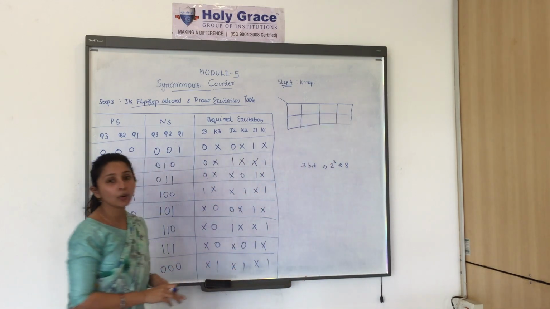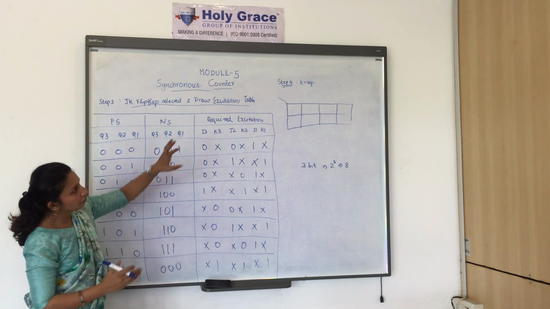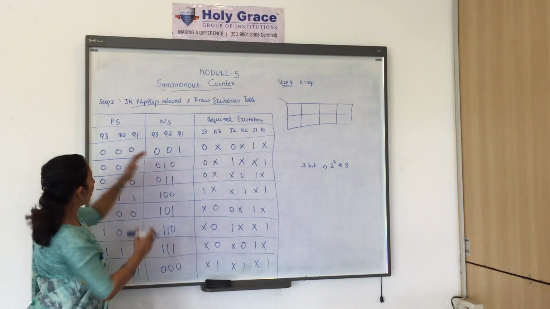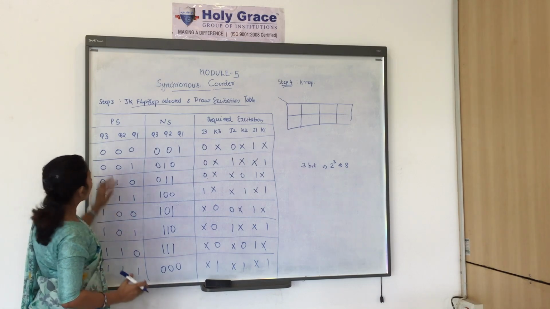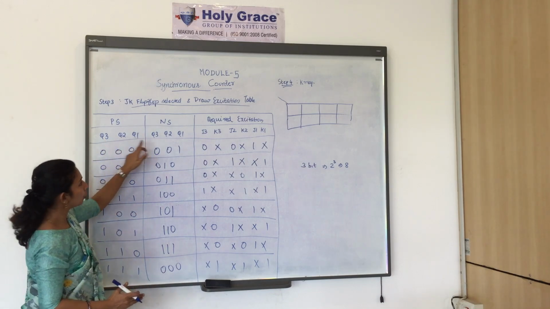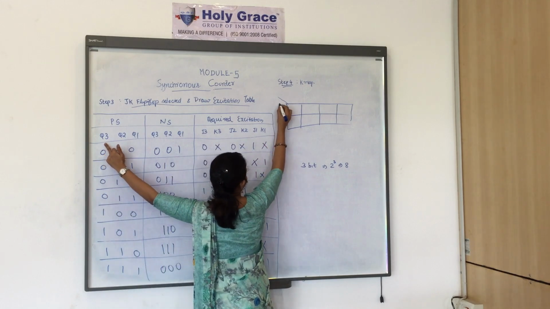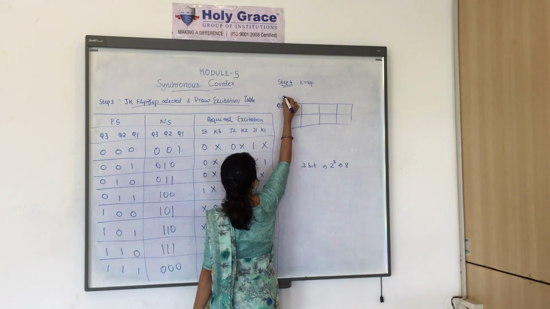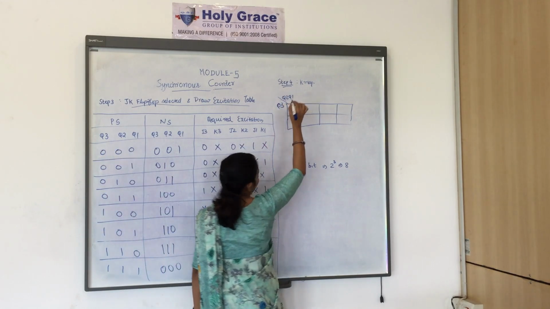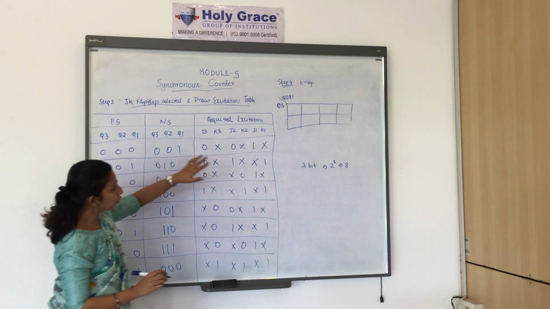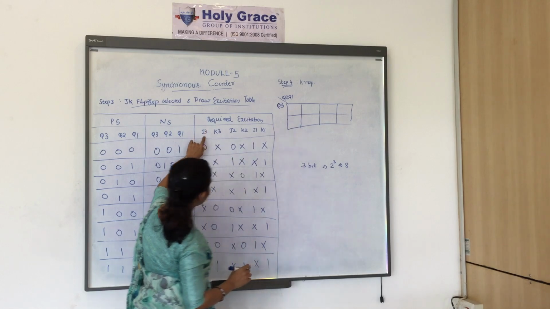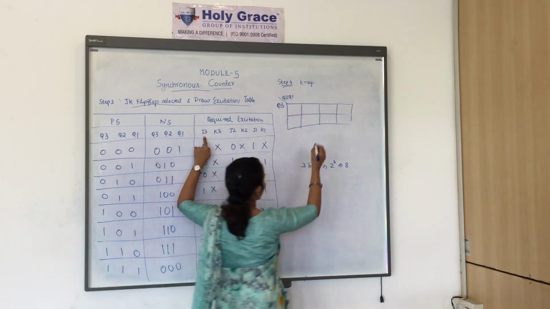Okay. Now let's see how I implement. For the K-map, I am looking at the present state of the table. So here it is Q3, Q2, Q1. On this side I will write Q3. Here I will write Q2, Q1. Now I am going to draw the K-map for the first one, J3.